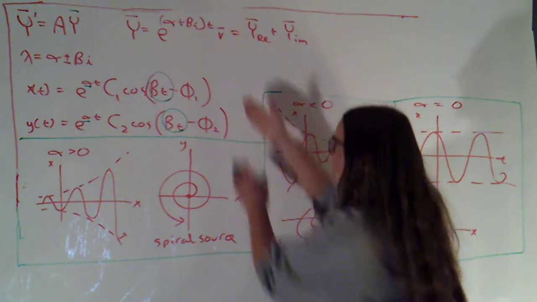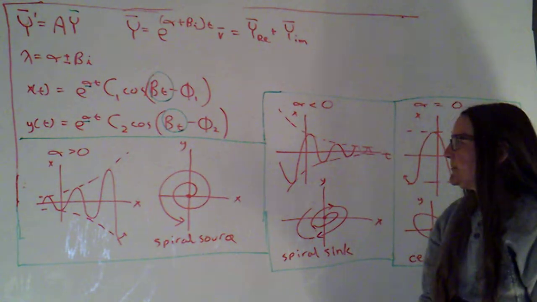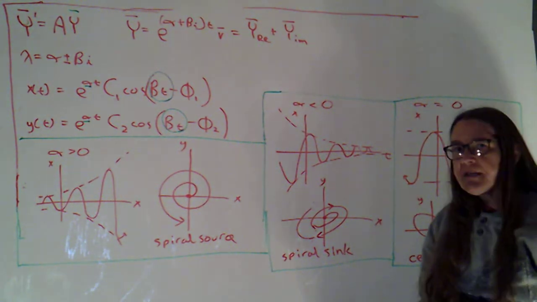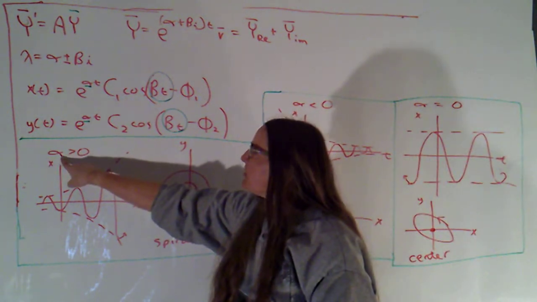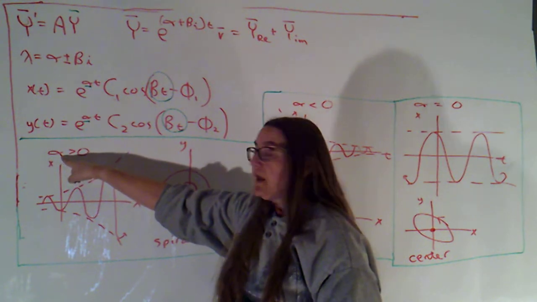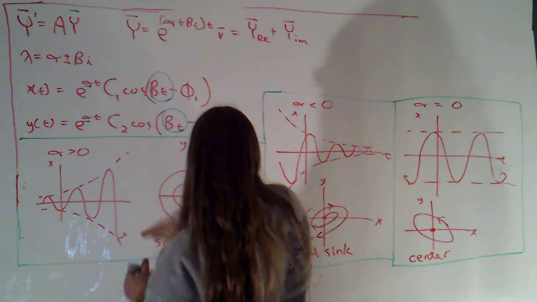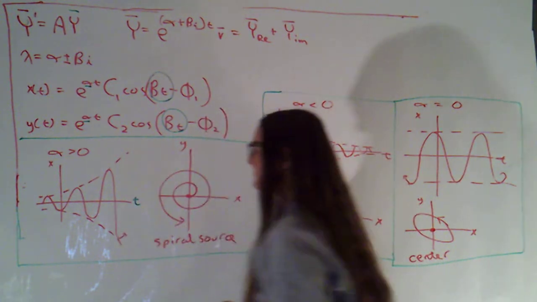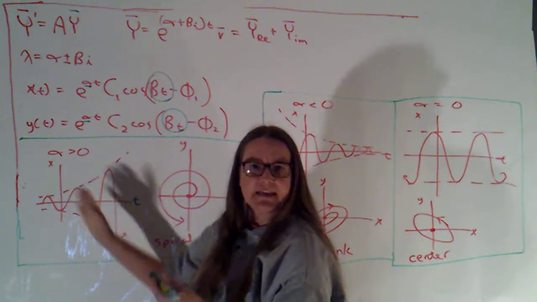So what I want to do now is take this information and see what that tells us about our phase portrait. There are basically three possibilities that I've illustrated here. The first is if alpha, the real part of our complex eigenvalues, is positive. We saw last time that that meant our x and y solution curves as functions of t were going to look something like this. I happen to have just graphed one that I'm saying is the x value.